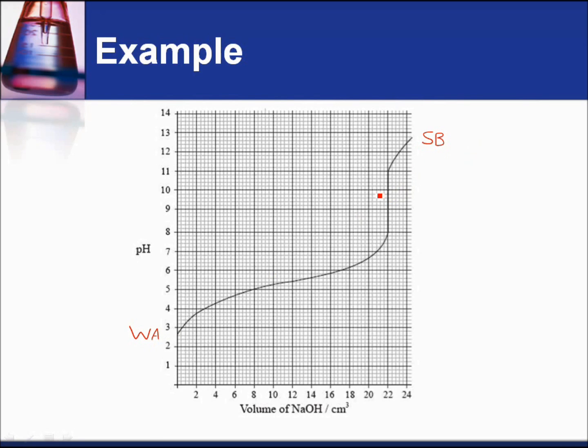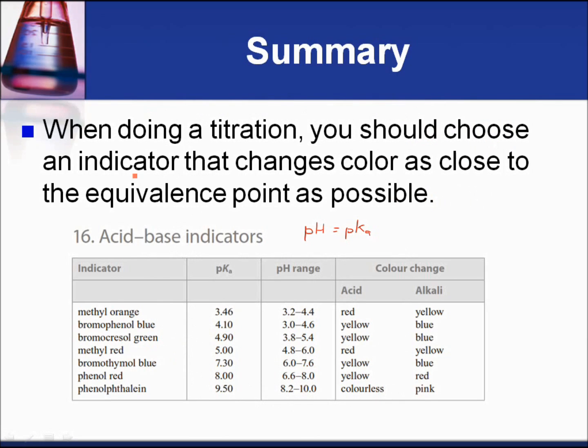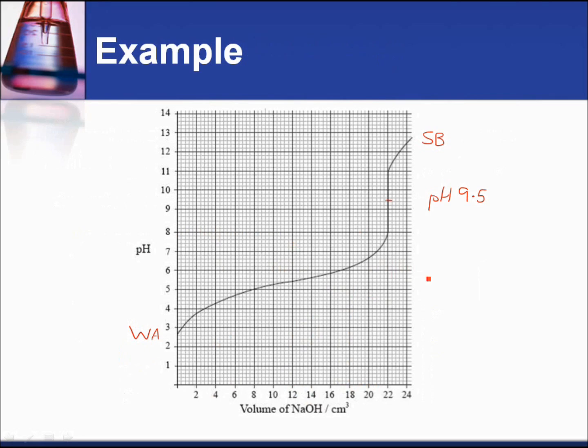The equivalence point is around here, which is pH 9.5. And if you were to choose a suitable indicator, we go back to this list. Which one would be a suitable indicator? Well, you want to choose one where the pH at the equivalence point is equal to the pKa, and yes, this one here, phenolphthalein, would be a good indicator to use for this titration here.